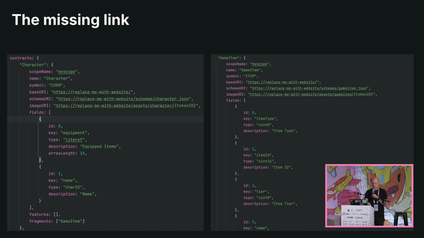We have a thing called fragments, and it relates to this game item here, so my generator can look at this and say, I know there's a relationship between game item and character, I will generate the code to securely manage that relationship for you. I know that you want these fields of these types, and I will generate code that can handle the bits of security that you want for access to those things.